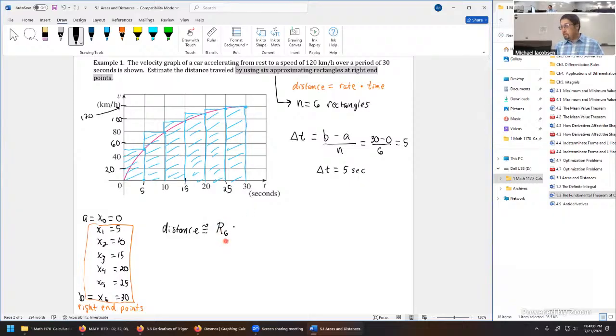It's going to be delta t times velocity at time 1 plus velocity at time 2 plus velocity at time 3 plus velocity at time 4 plus velocity at time 5, and I really thought that was going to fit. Let's drop a line, plus velocity at time 6.